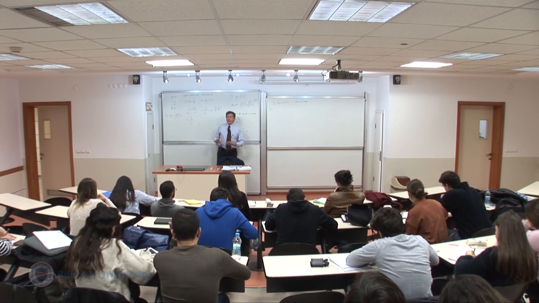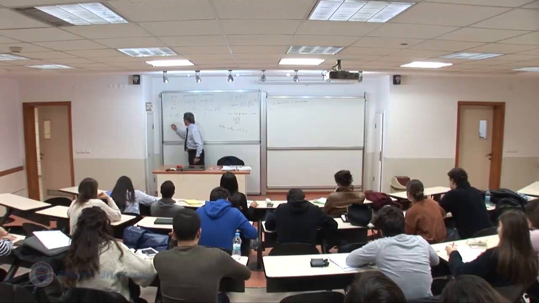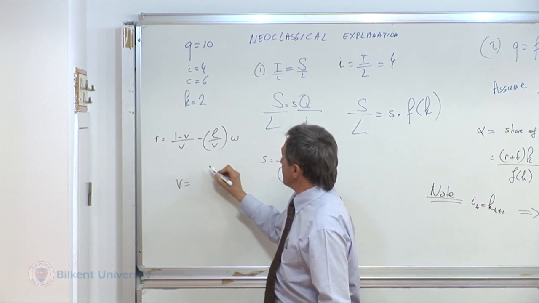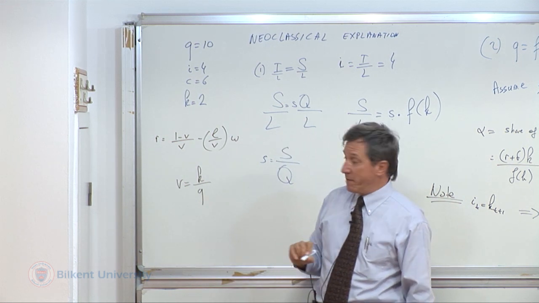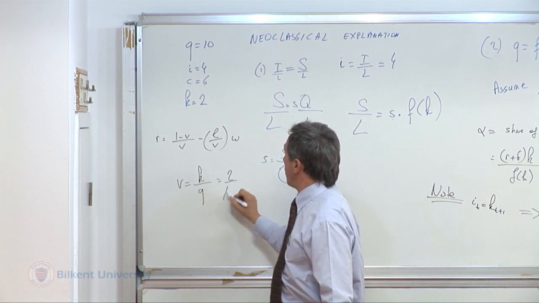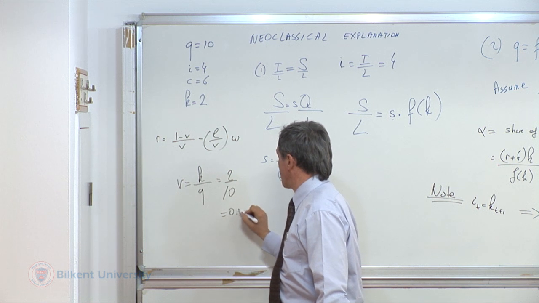I have calculated in the meantime V as capital per labor divided by output per labor, which is 2 over 10, which is 0.2.